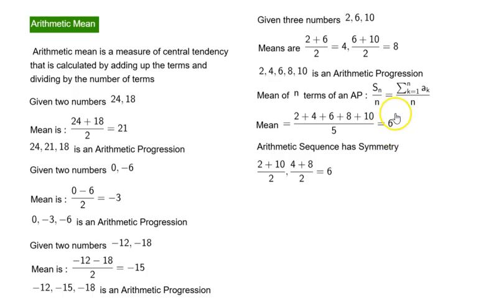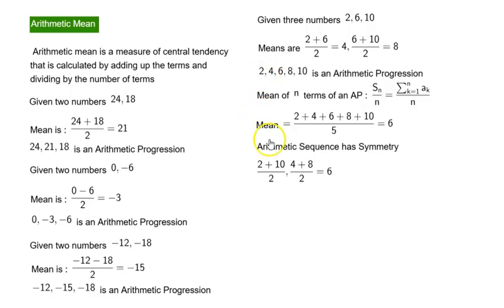And as we have seen, the mean is 6. So what this means is we can take the first term in an arithmetic progression, take the last term, add them up and divide by 2 instead of adding up all of them. For that matter, we can take any two terms provided they are symmetric to each other.